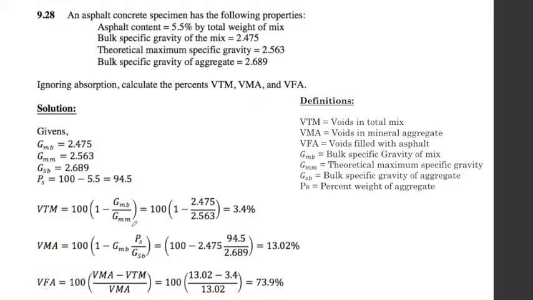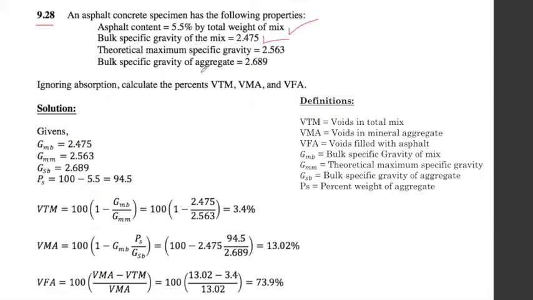The last question has been taken from chapter 9, question 28. The problem statement is: an asphalt concrete specimen has the following properties. The asphalt content equals 5.5% by total weight of mix. The bulk specific gravity of mix equals 2.475.